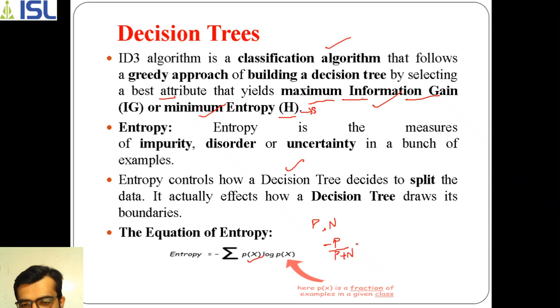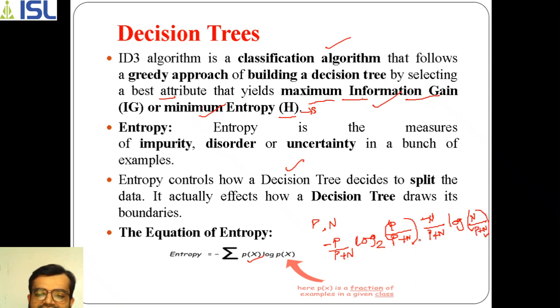Minus p by p plus n, note this down because it is very important, times log 2 of p by p plus n, and minus n by p plus n times log 2 of n by p plus n. This is how we calculate the entropy.